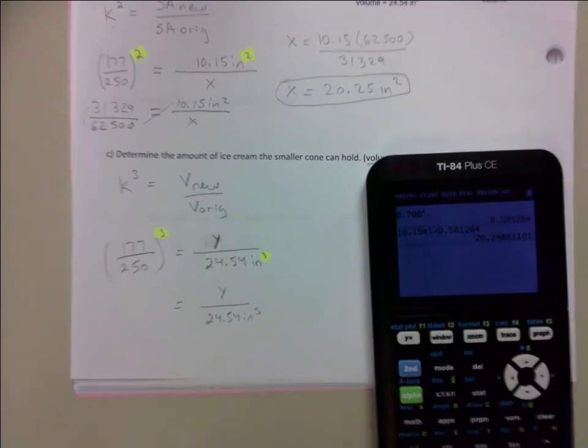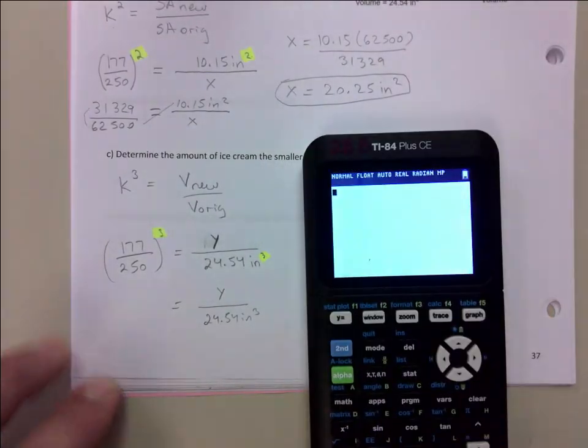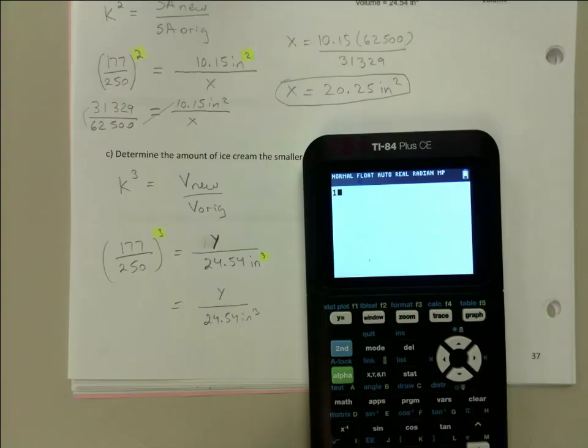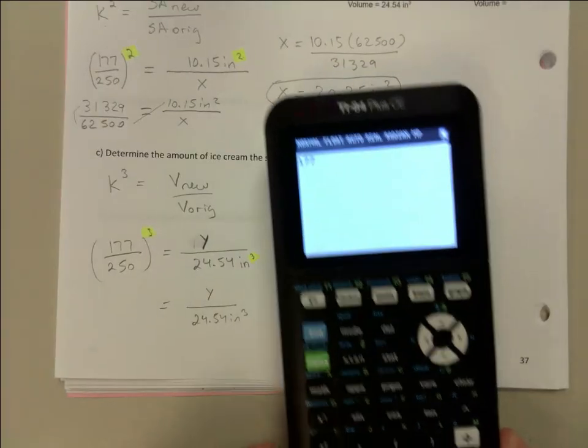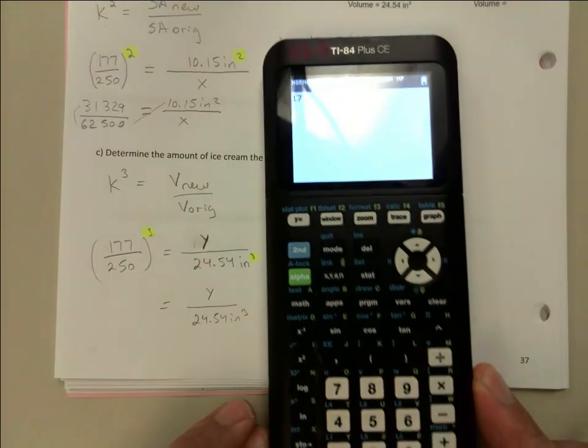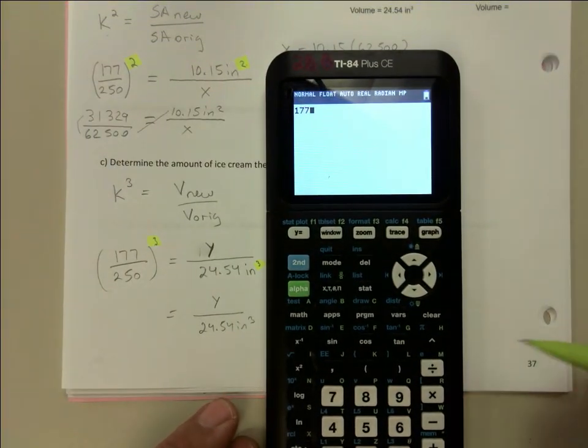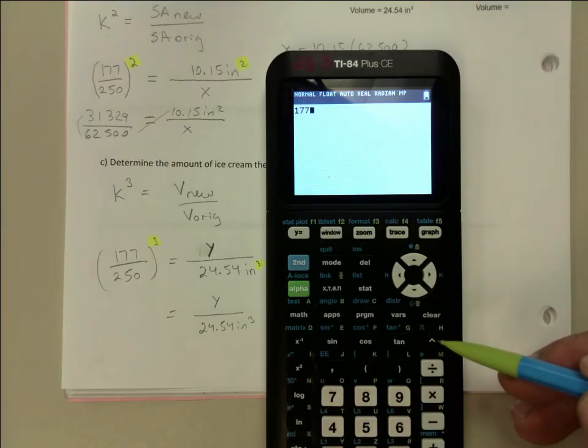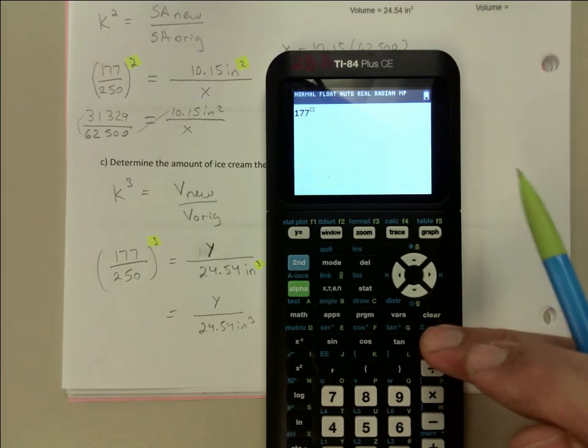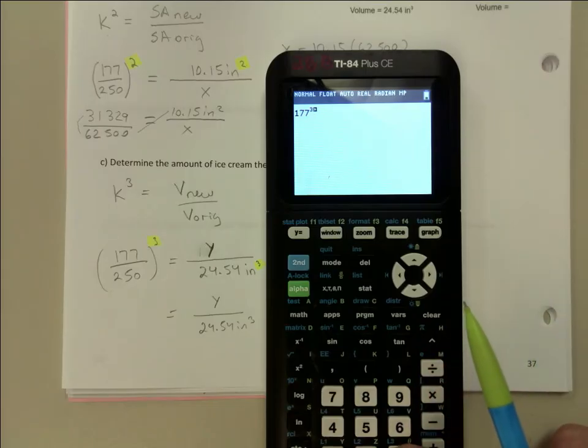Do you remember how to do that? Maybe not. I may not have shown you. 177, if you look up here for a moment so that we can clarify this, there's a hat button right there. My pencil is like above the division sign. That hat button is the exponent, the power button. So I press that, and then I press 3 and hit enter.